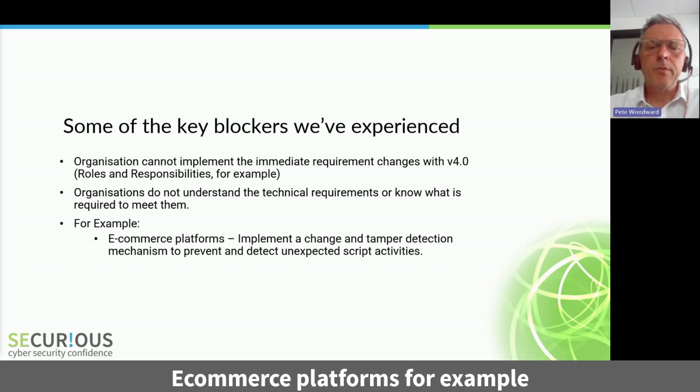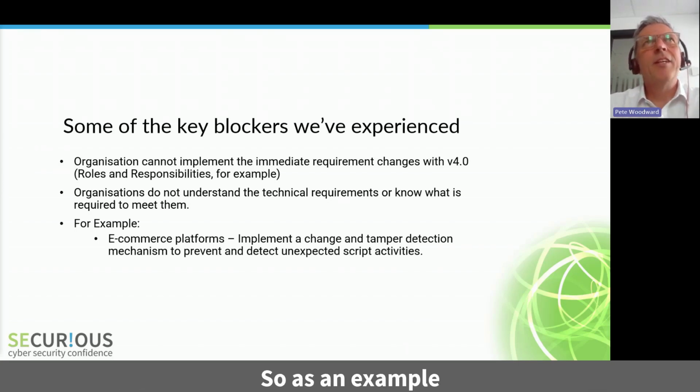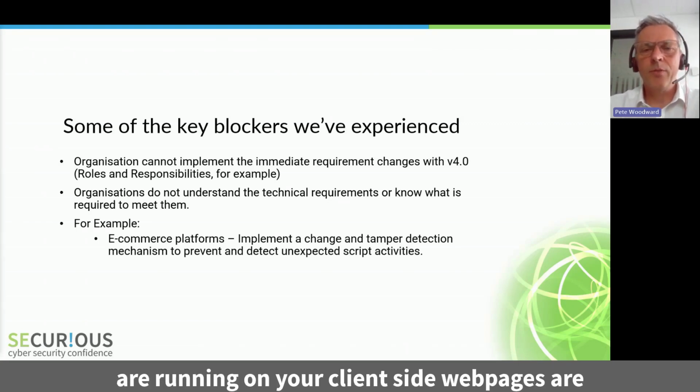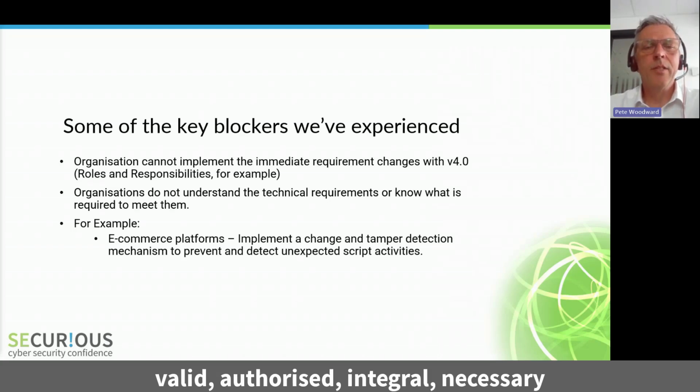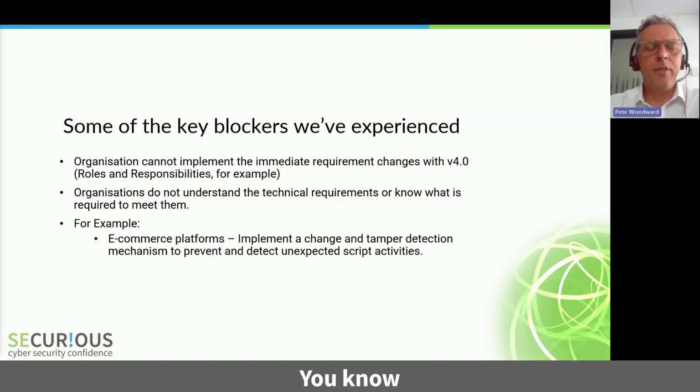So e-commerce platforms, for example. Requirement 6.4.3 is client-side security. So as an example, you're meant to ensure that the scripts that are running on your client-side web pages are valid, authorized, integral, necessary. You get alerted when anything changes.